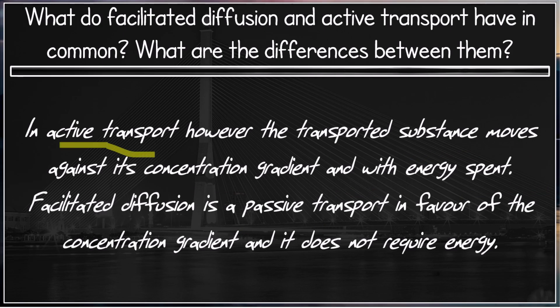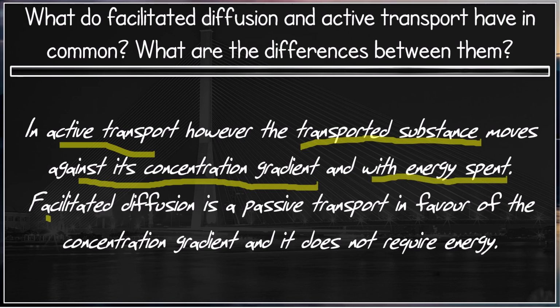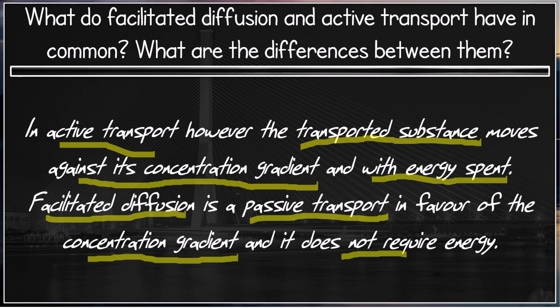In active transport, however, the transported substance moves against its concentration gradient with energy spent. Facilitated diffusion is passive transport in favor of the concentration gradient and does not require energy.